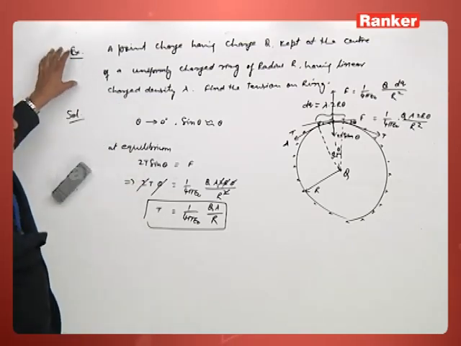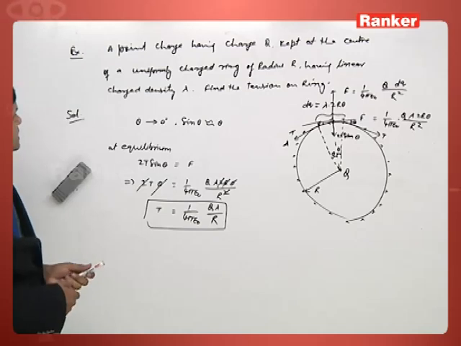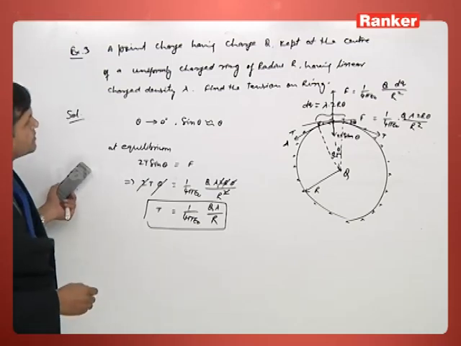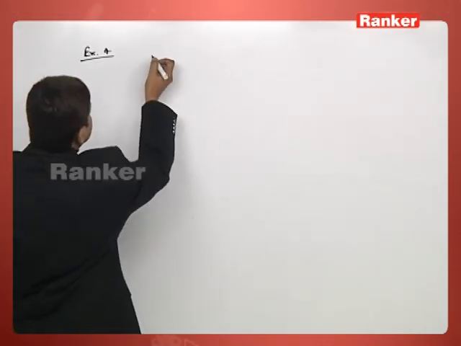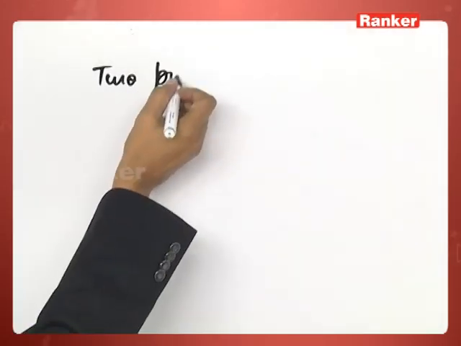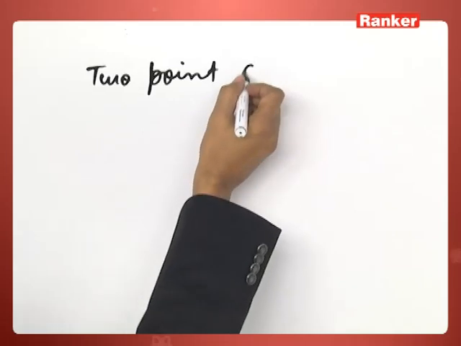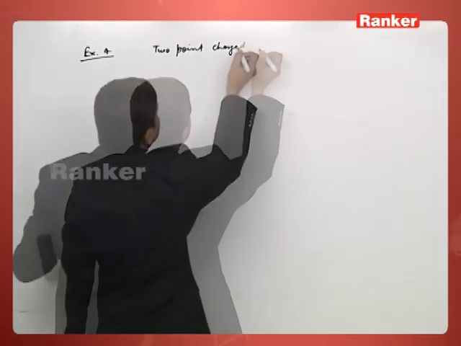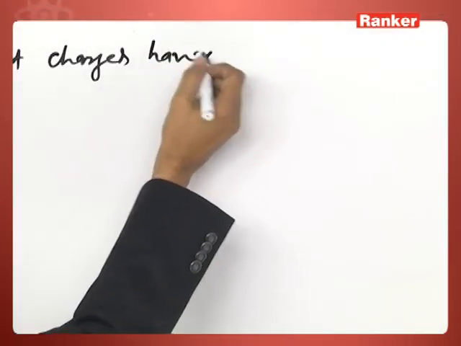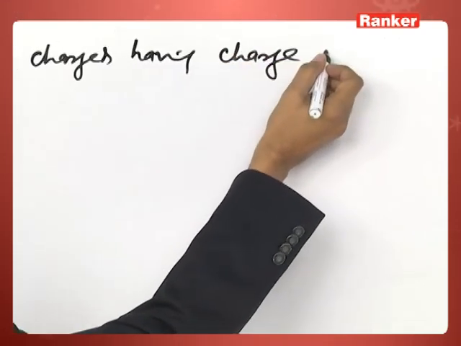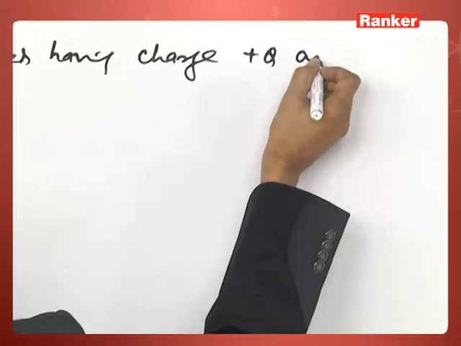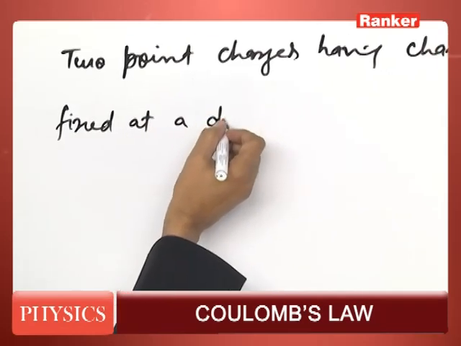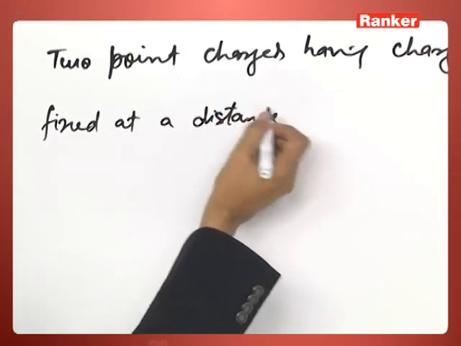Now come to another problem. This is your third example, I think. Now come to the next problem. Two point charges having charge plus q and plus q are fixed at a distance d.